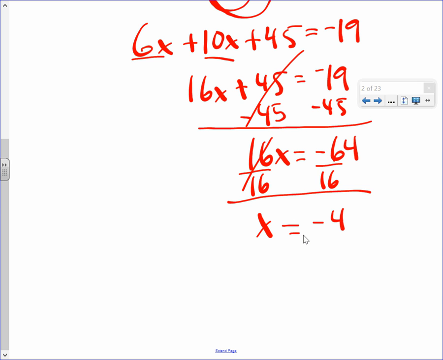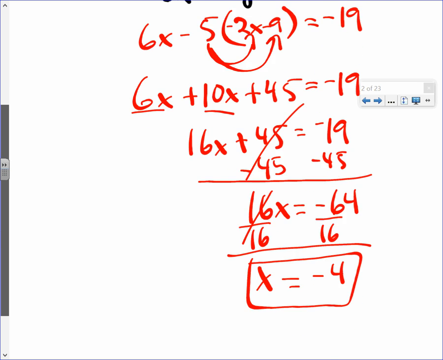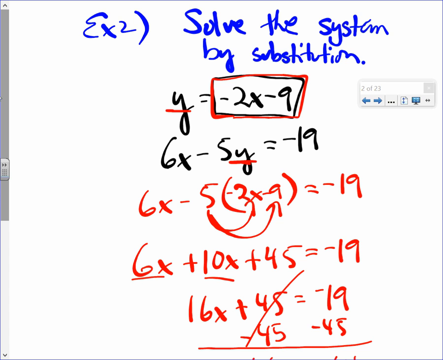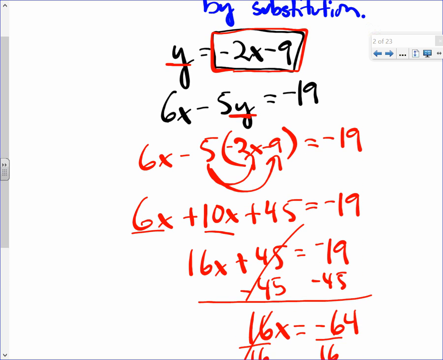Okay, so this value of x, I'm going to substitute again now back into the equation from step, what is it? From step what? Oh, wait, step 3. Okay, step 3 is right here.